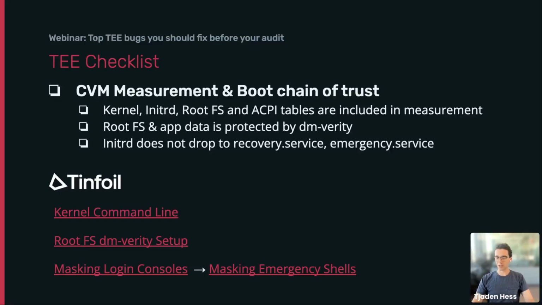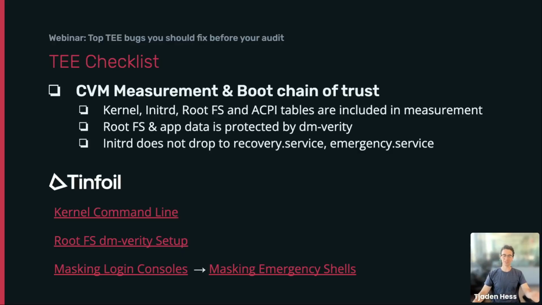Another interesting pitfall during the boot process is that your initrd, if you use a default systemd initrd, often has emergency consoles where if a device fails to mount or there's some other error, you can drop into an emergency console that bypasses all of the normal login systems and gives you immediate access to your CVM.